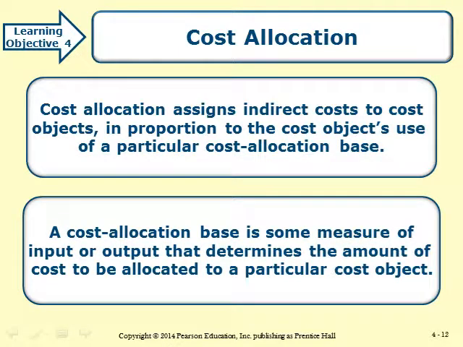For an indirect cost, those costs have to be allocated based on some base, right? So because they cannot be easily and economically associated with a single cost objective like direct costs can be, we allocate indirect cost based on a cost allocation base.